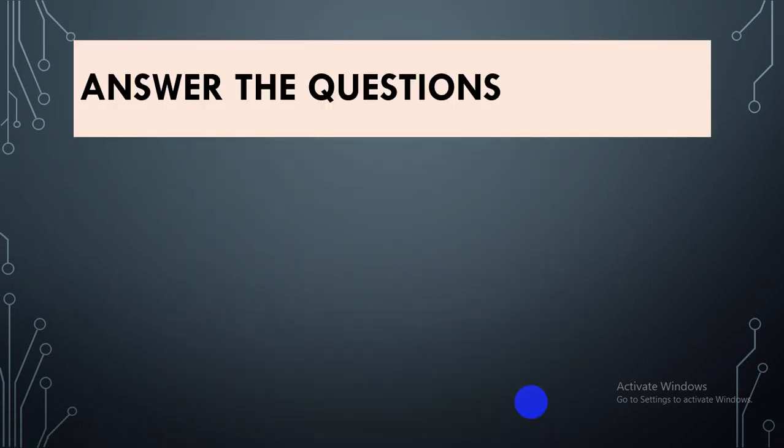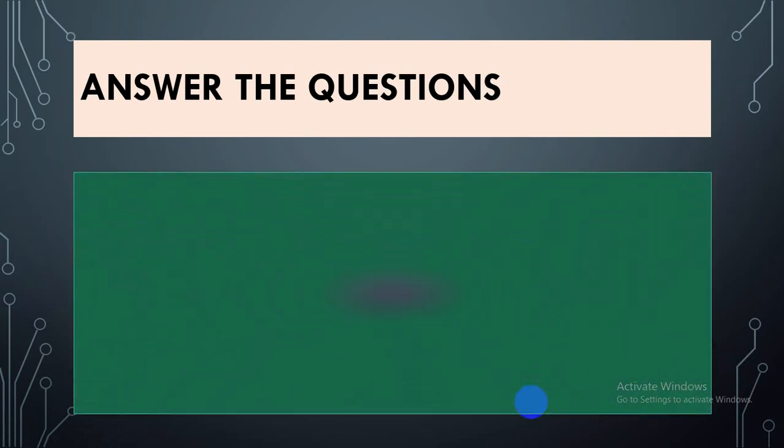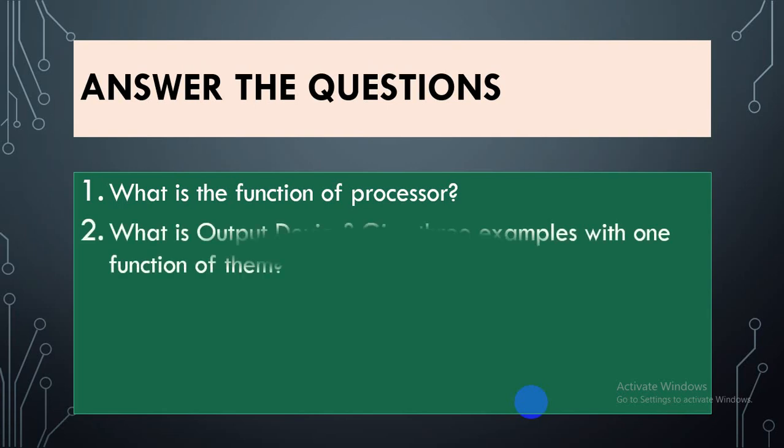So let's come to the questions, please. Dear student, there are some questions for you. You must answer all of them. Write down please. Number one, what is the function of a processor? What is an output device?